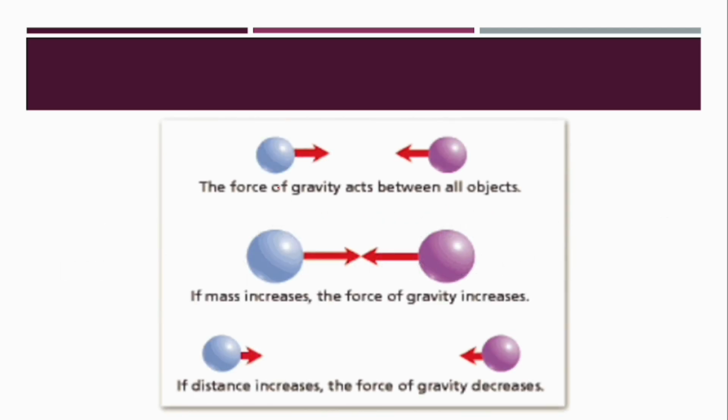It means the force of gravity acts between all objects whether they are close or whether they are far apart. But if mass increases, the force of gravity increases, and if the distance increases, the force of gravity decreases. It means gravity has a direct relation with the mass and gravity has an inverse relation with the distance.